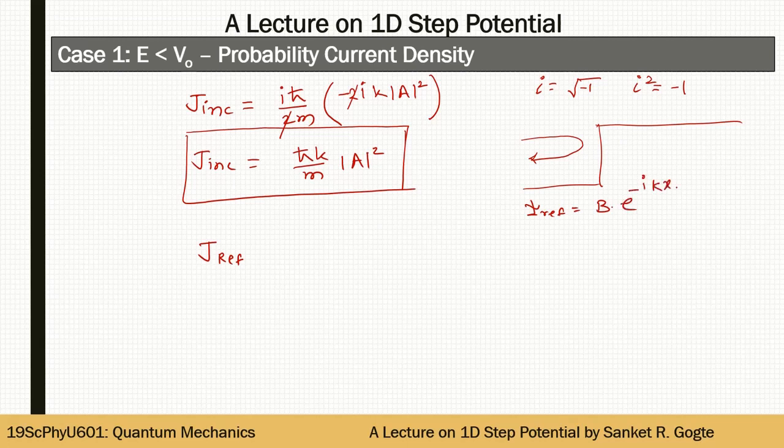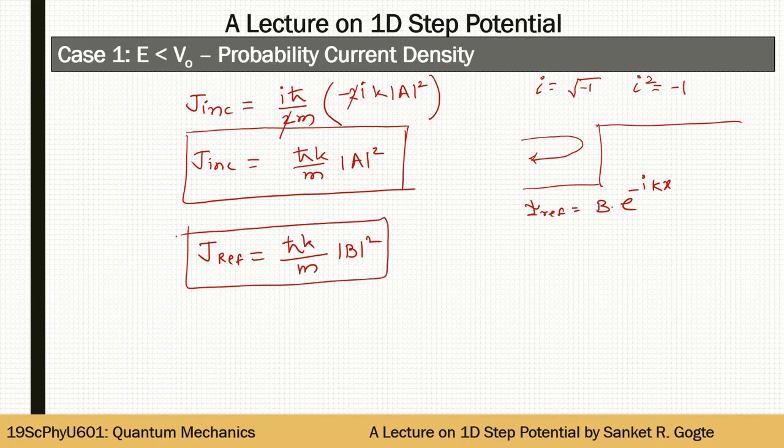Then for this reflected, it will turn out to be the same, you can do the calculations and convince yourself that this is h cross k by m into mod b square now. So this is the probability current density for the reflected particle. Now let's consider the probability current density for the transmitted particle and see what we get.